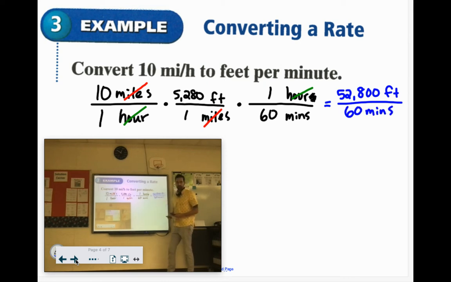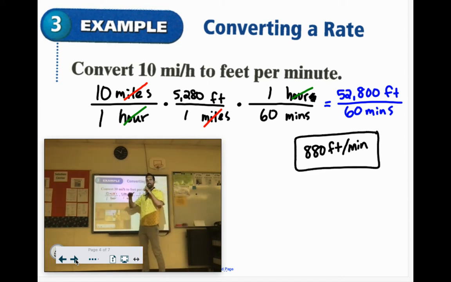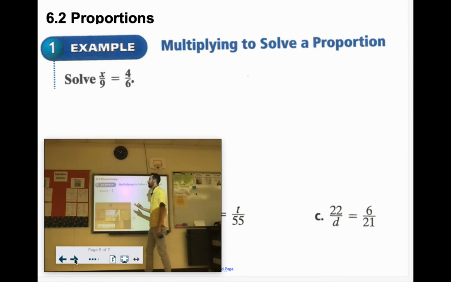And then we can just divide it to get that unit rate. 52,800 divided by 60 is 880 feet per minute. So that's pretty challenging. Just remember, when you're canceling out units, put it on the opposite side of the fraction. If it's in the numerator, get it in the denominator somewhere else.